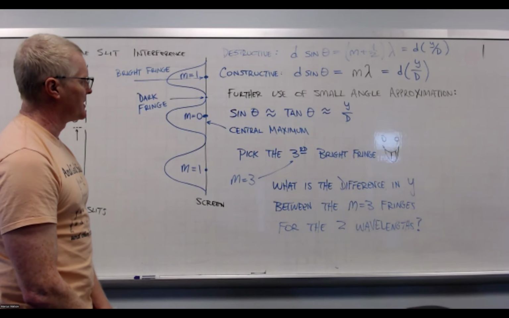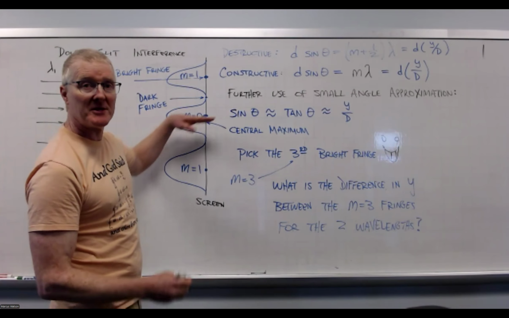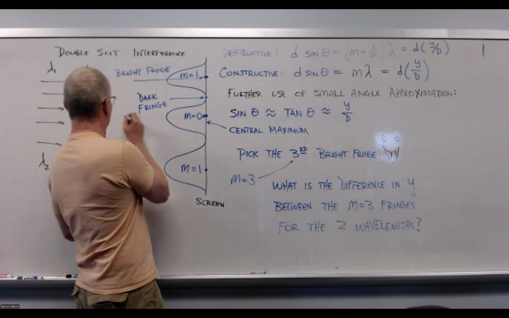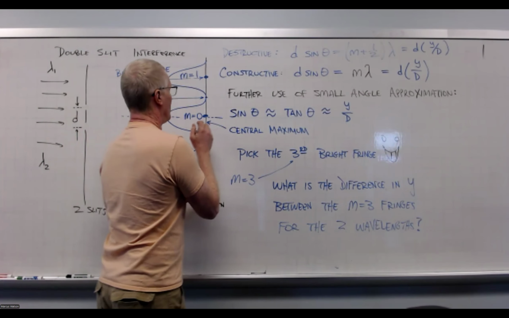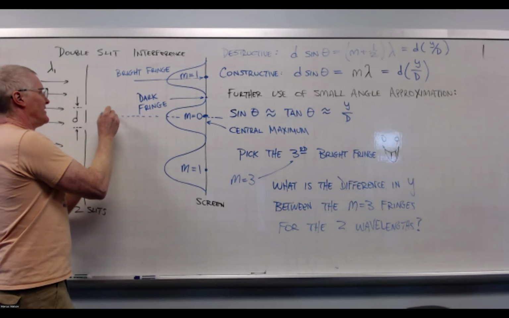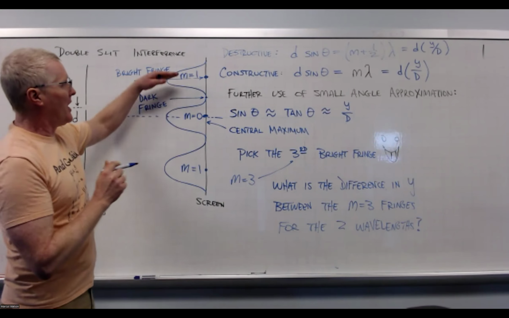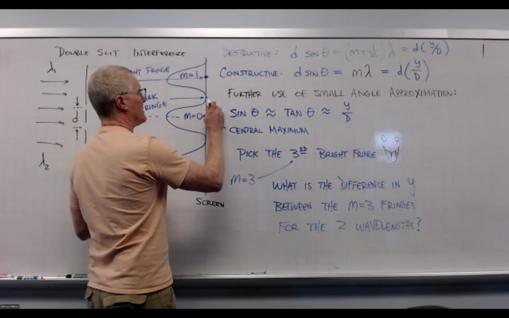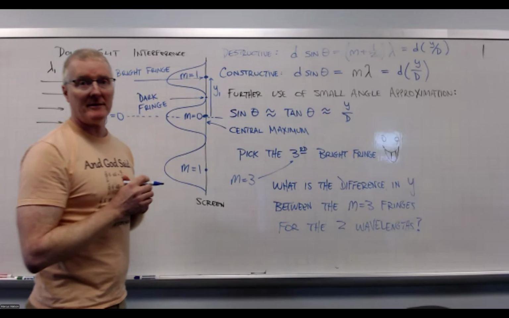What difference occurs in the position? Now that position is measured from the central maximum, so this is the point right through here where y is equal to 0. And then I measure up. This here would be y number 1.